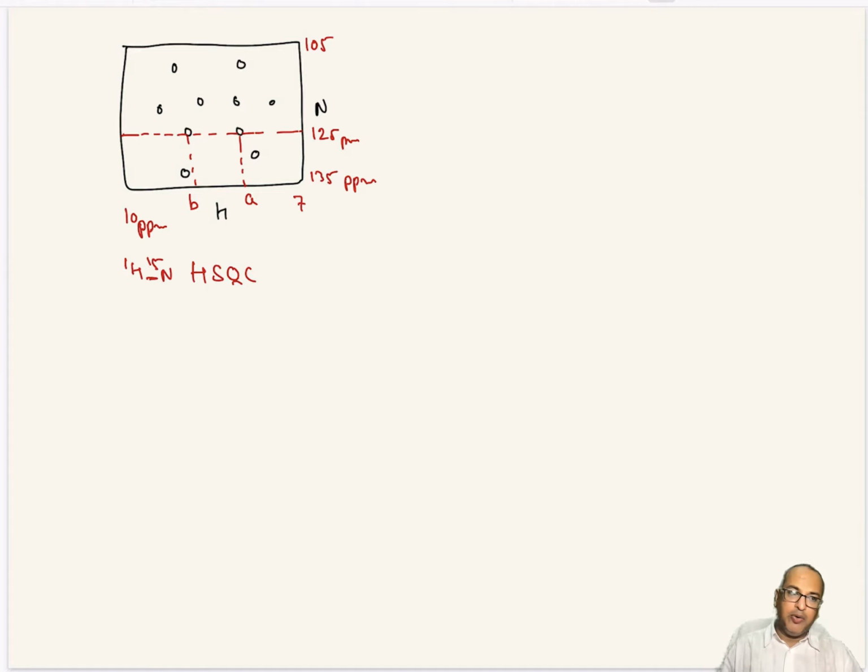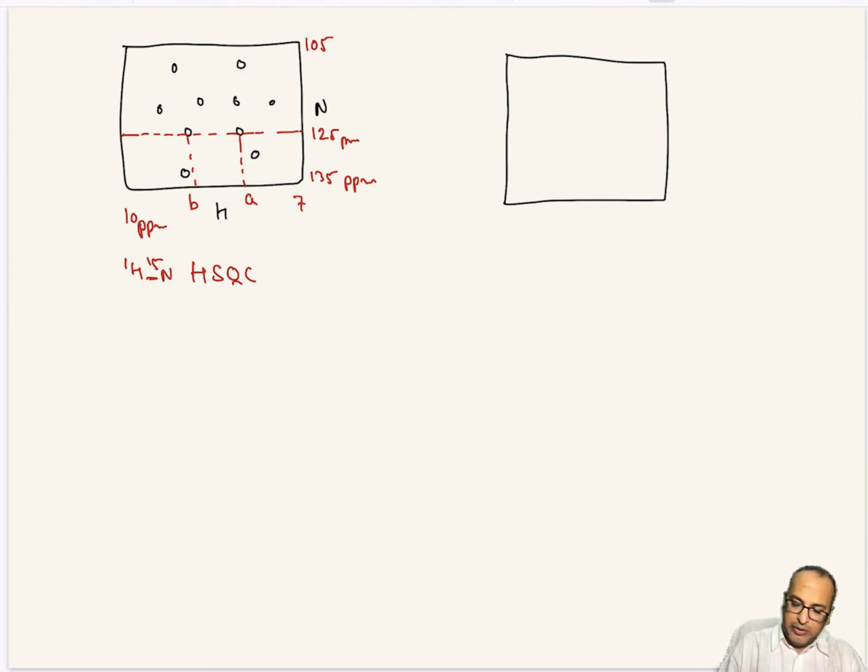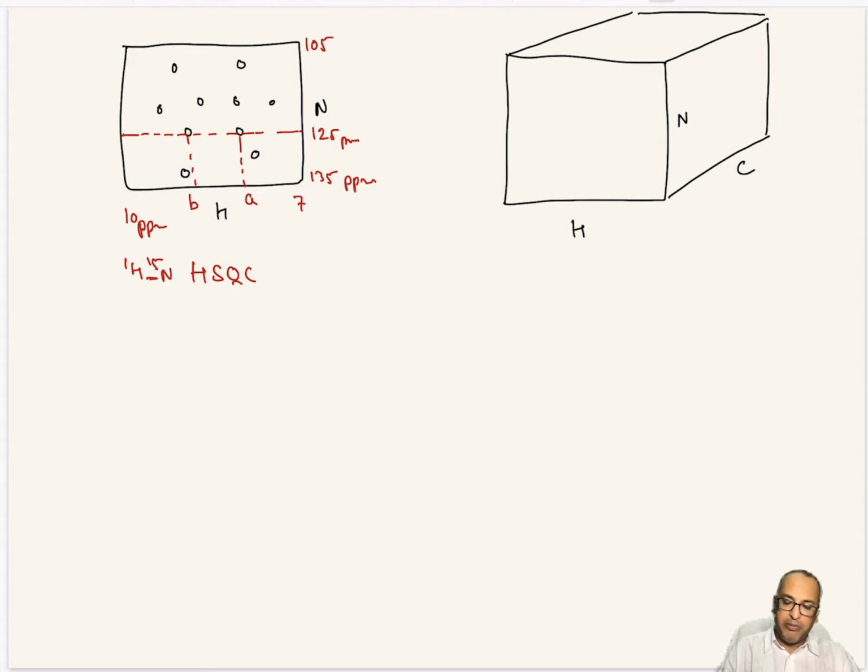Now how would the HNCA experiment look? In HNCA, instead of only proton and nitrogen, there is also a carbon chemical shift which is being evolved, right? So instead of a plane, what you are getting is a three-dimensional cube. There have to be three axes, right? So you have proton, you have nitrogen, and you also have carbon. Now what do I mean by that?